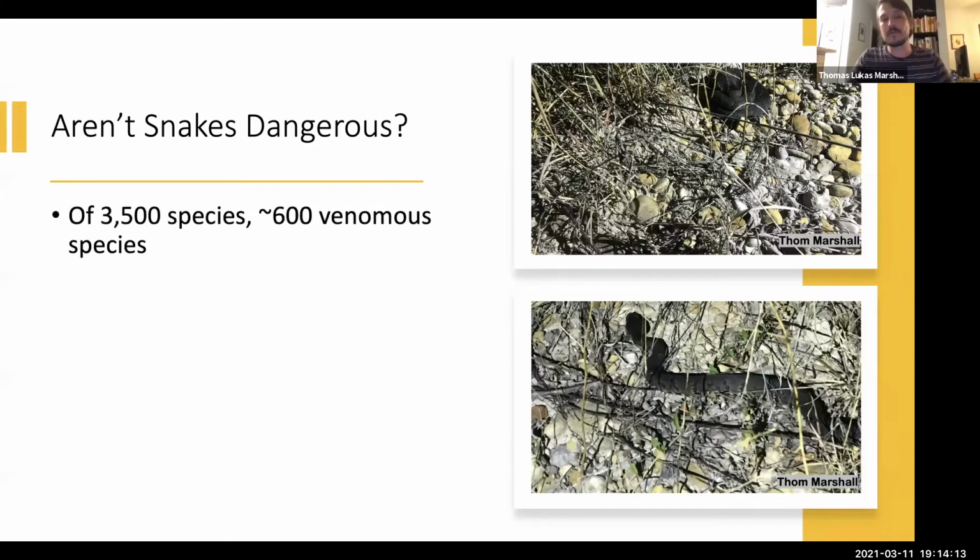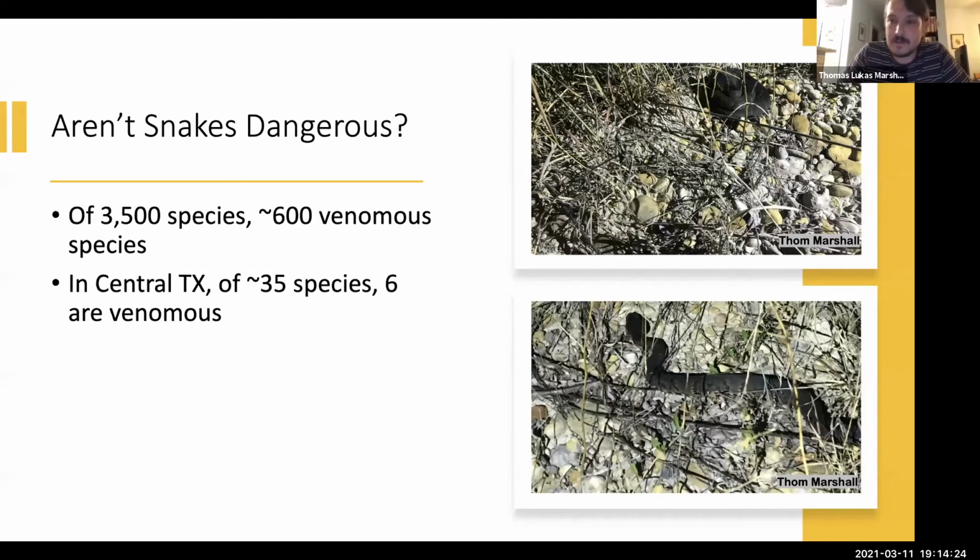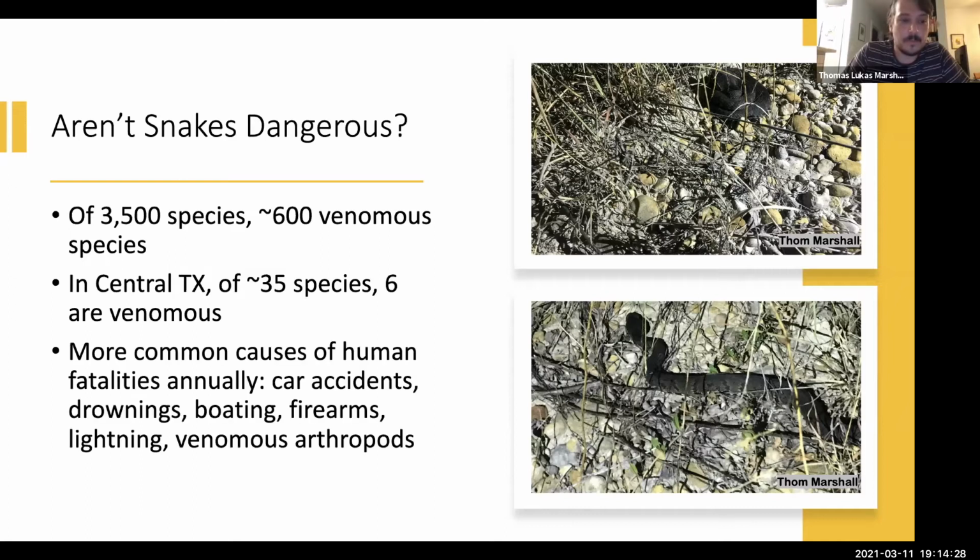Of about 3,500 species across the world, only about 600 are venomous to a degree that can be harmful to humans. Here in Central Texas, we have about 35 species, give or take, and 6 of those species are venomous.